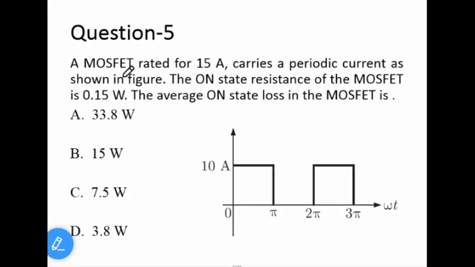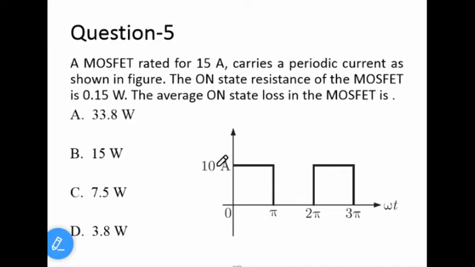Now see the question. A MOSFET rated for 15 amperes carries a periodic current as shown in the figure. This is the figure. The on-state resistance of the MOSFET is 0.5 ohm. The average on-state loss in the MOSFET is?